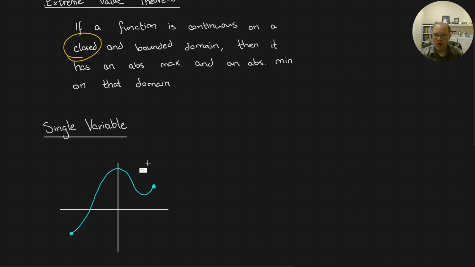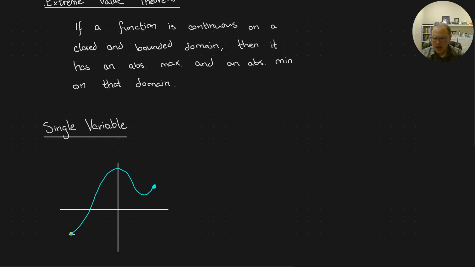The closed part means that the dots, the endpoints here, are included in the domain. These aren't open circles, right? These are closed circles. We are including the endpoints. That's the closed part of the closed and bounded.